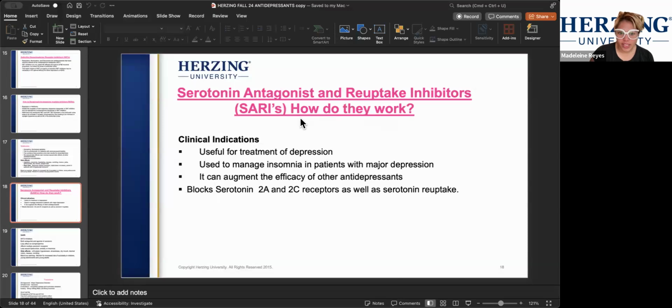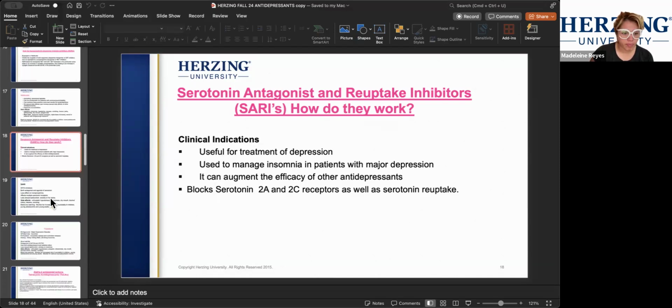Serotonin antagonist reuptake inhibitors, how does it work? Clinical indication: useful for treatment of depression, used to manage insomnia in patients with major depression. It can augment the efficacy of antidepressants and blocks serotonin 2A and 2C receptors, as well as serotonin uptake.